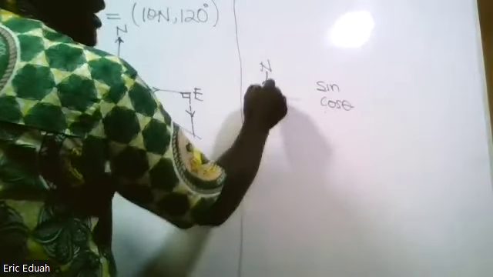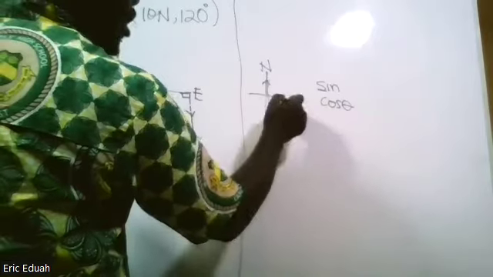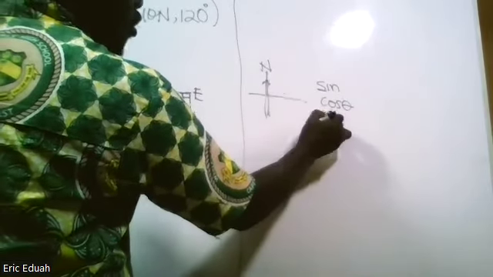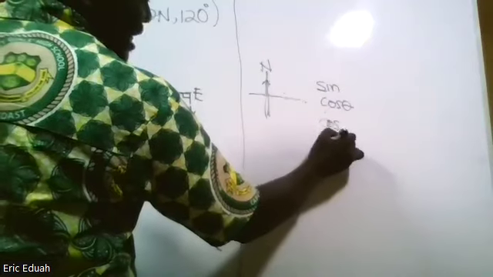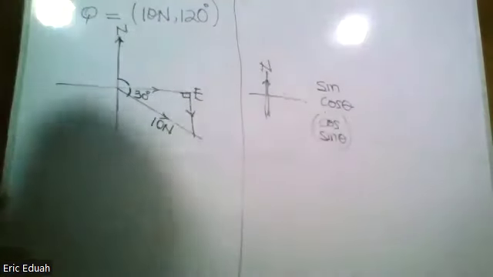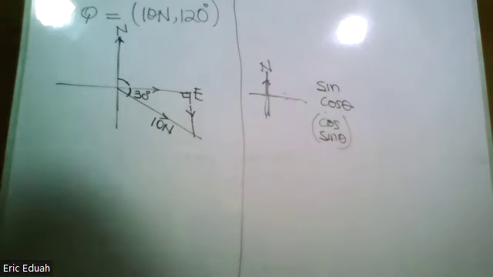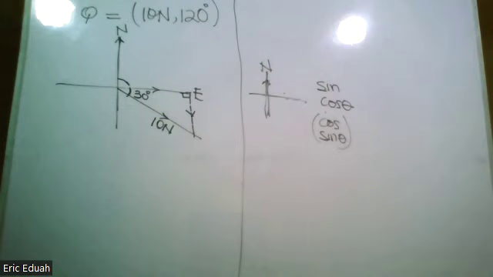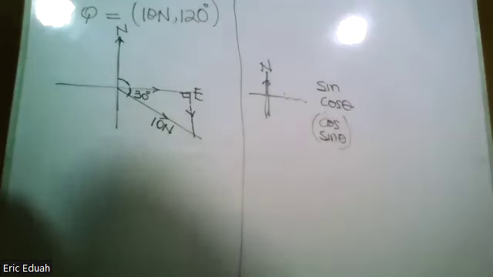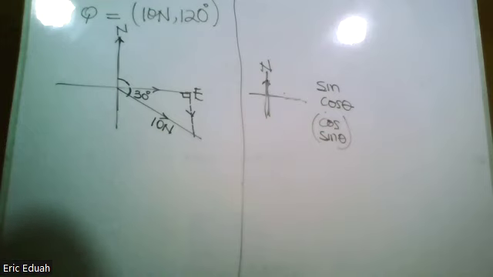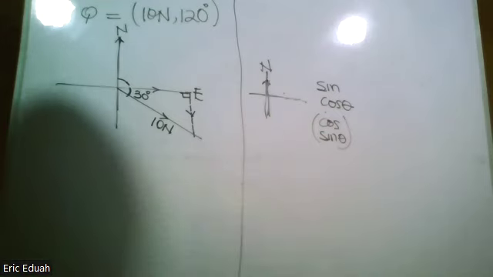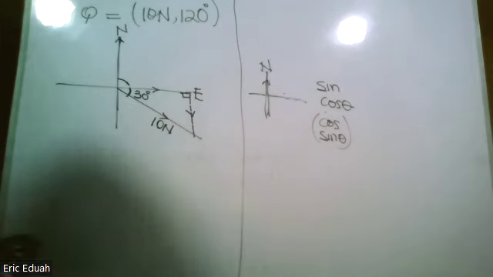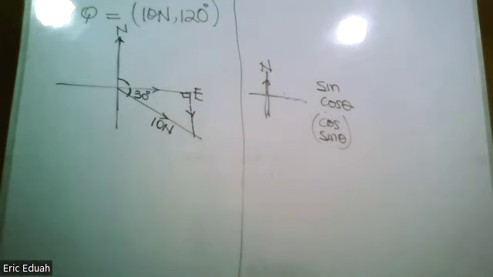If you are using the angle the vector makes with the east or x-axis, it should be cos, sine. So look at the order. I repeat, if you are taking the angle the vector makes with the y-axis, which is also the north, the order is sine, cos. If you are using the complementary angle, which the vector makes with the x-axis, the order is cos, sine. Please, are you with me?